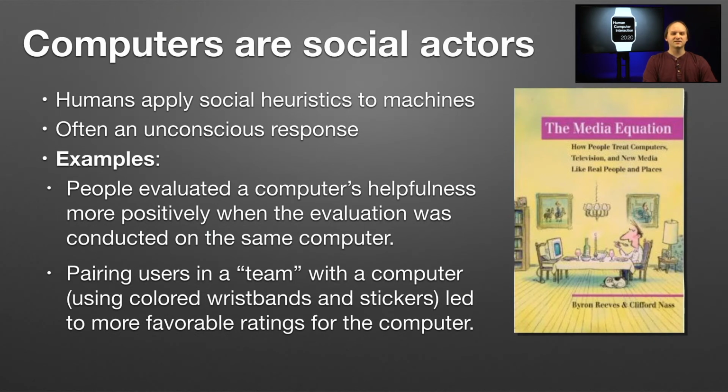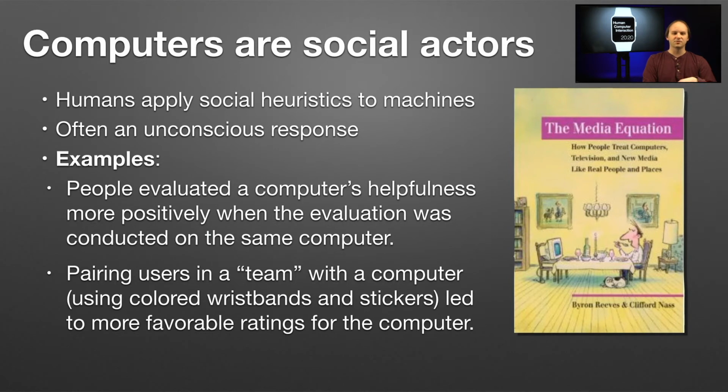The finding is that although no one can tell you why, people are more positive towards the computer if they complete the evaluation on the same computer they did the task with, and they'll give it a more positive rating. When we talked about doing studies, we talked about how people do this with other people, right? We want to please people. We want to give them the outcome they're looking for. In this case, this is transferring over to just the computer itself, with a very simple manipulation.